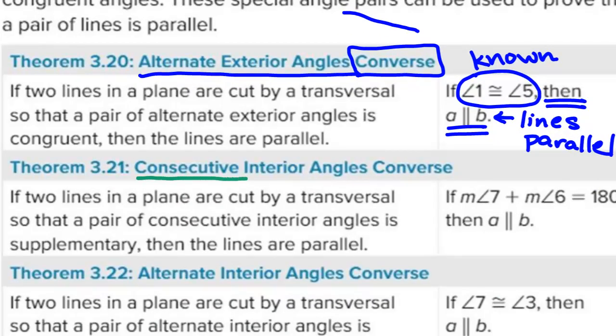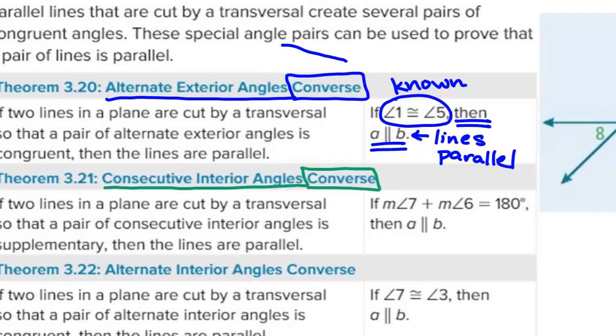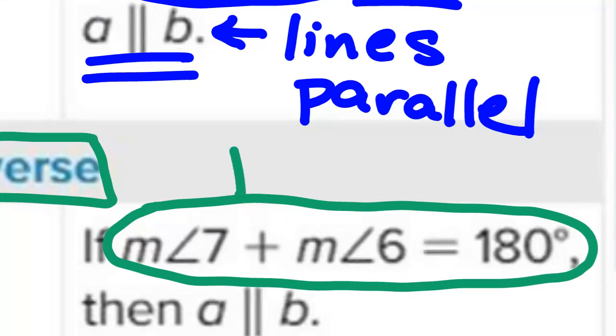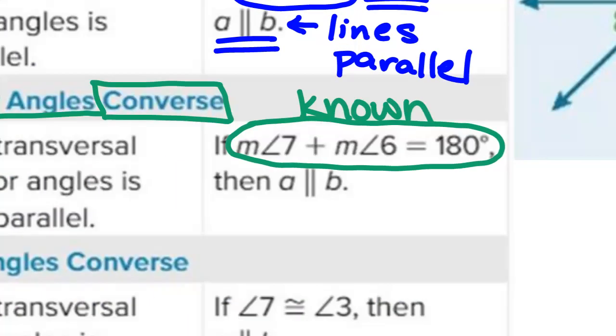If I know the consecutive interior angles are supplementary. So again, if I know that two consecutive interior angles add to 180, then I can conclude that the lines are parallel.